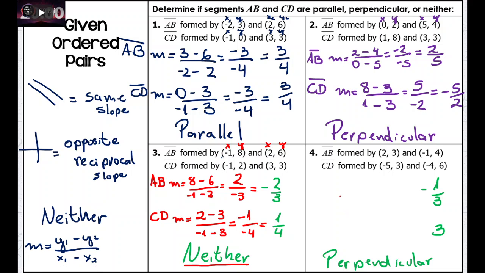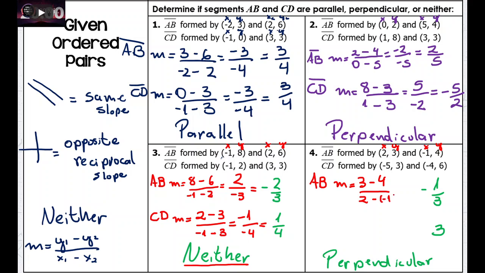Great. But here, number 4. If I solve it, for my AB slope, remember to label it: x, y, x, y, the first one is number 1, the second is number 2. My AB is y1, 3, minus y2, 4, over my x1, 2, minus my x2, negative 1.